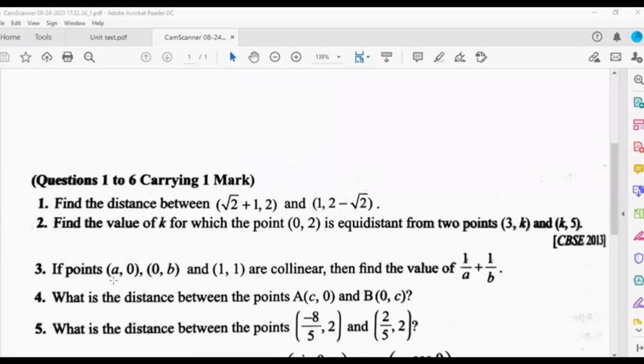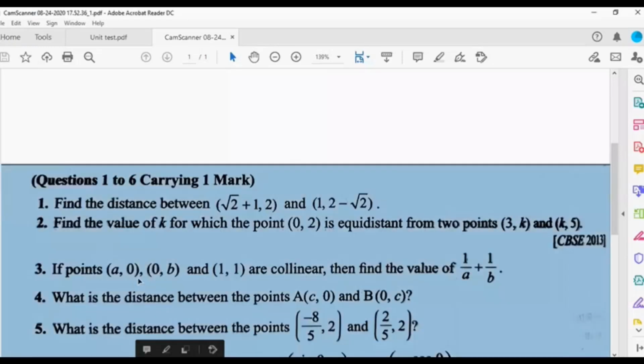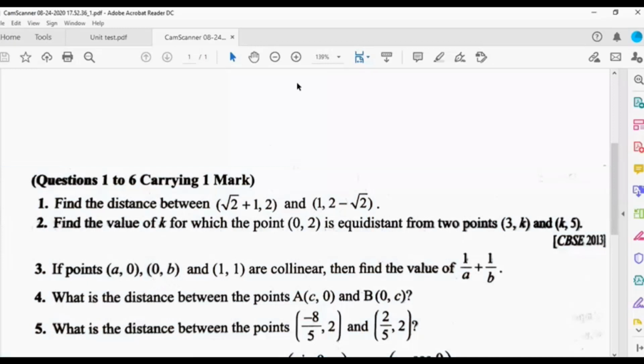We know A(a, 0) is a point on which axis? A(a, 0) is a point on the x-axis, and B(0, b) is a point on the y-axis. And (1, 1) we can locate. If we have the x-axis and y-axis, we know (1, 1) may be almost here. Suppose (1, 1) is here.